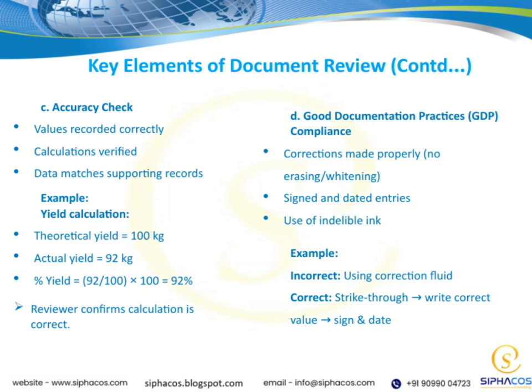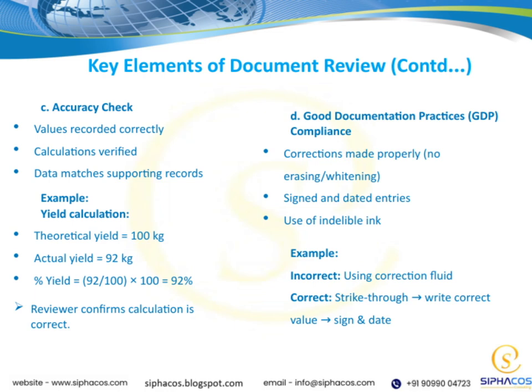Let's look at an example. Incorrectly using correction fluid is a common mistake. Instead, the correct approach is to strike through the wrong entry, write the correct information, and then sign and date it. This maintains a clear, tamper-evident record. Moving on to accuracy checks. These are vital to ensure the recorded data is correct. This includes verifying that values are recorded properly, calculations are accurate, and data matches supporting records.